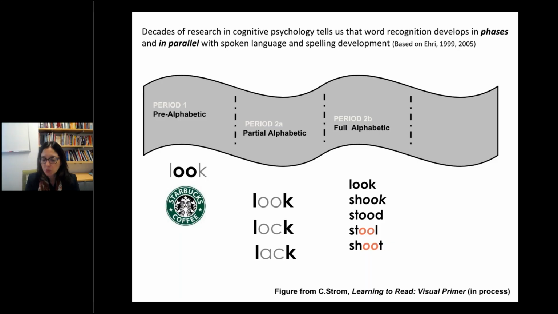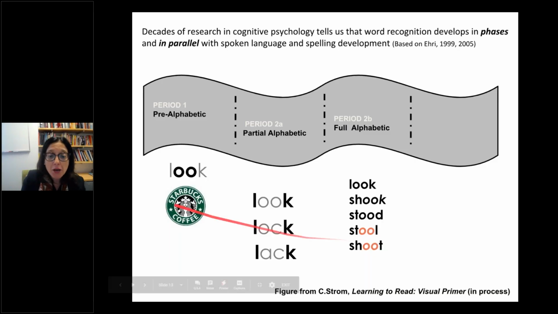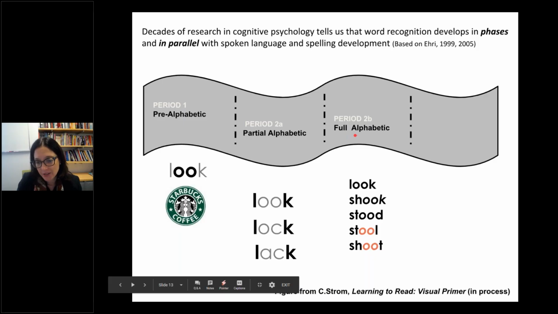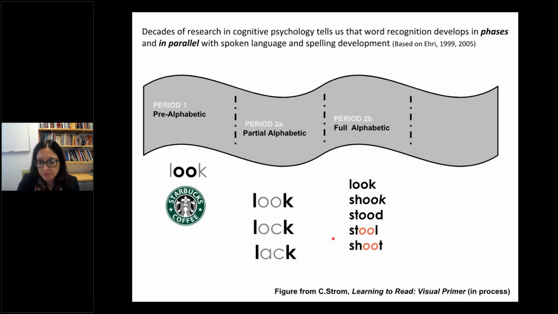The vowel digraphs, which are when two vowels make one sound, are really what makes English complicated. And so many kids, the majority of kids, really can make it through the pre-alphabetic and the partial alphabetic, but they have such a difficult time making it through the full alphabetic. And it really stems from this challenge with vowel digraphs, is what we've seen over and over again.